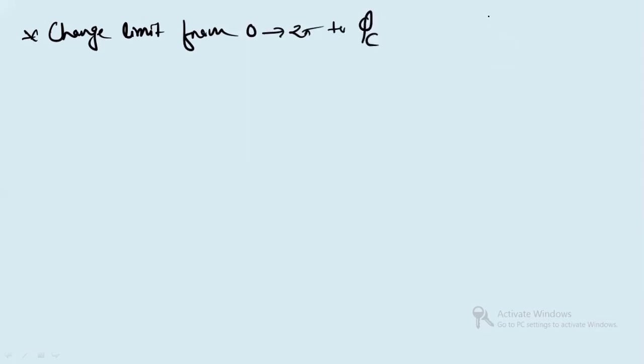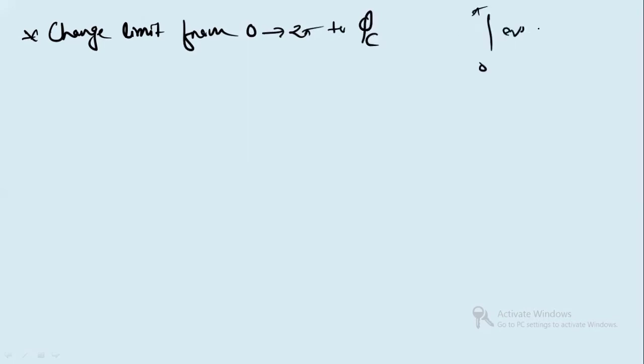The third thing you have to see is that you have to change the limit from 0 to 2 pi to a closed contour. Now you see, sometimes you will have this question with limits 0 to pi.